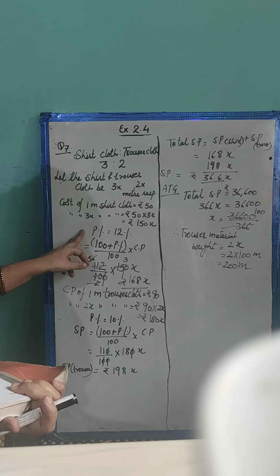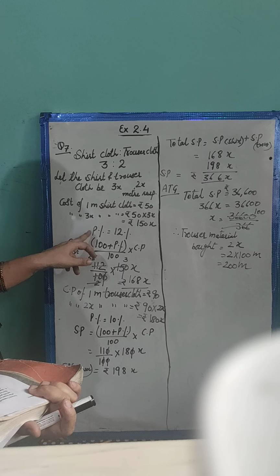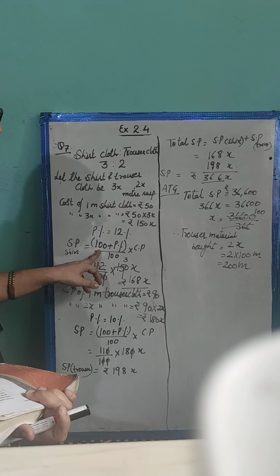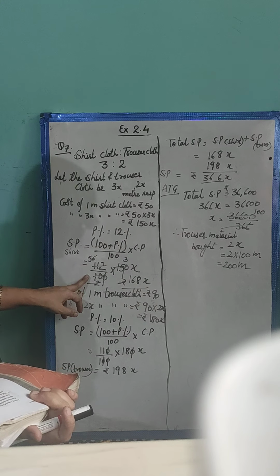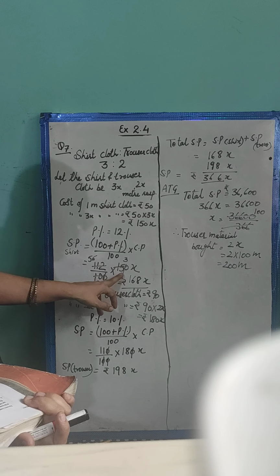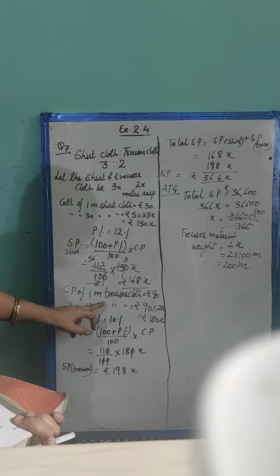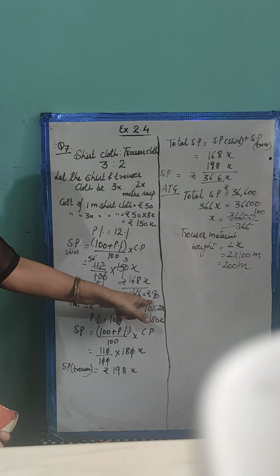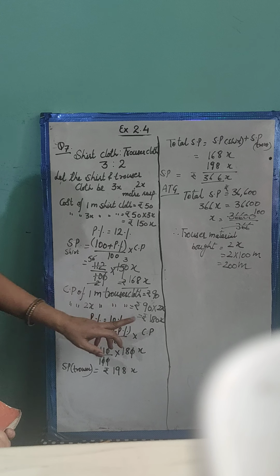Profit percentage 12%. So how to get SP? SP is equal to (100 plus profit percent) upon 100 into CP. So 112 upon 100 into 150x. After cancelling we get 168x. Similarly for trouser cloth, because 1 meter had the cost 90 rupees, 2x meter will have 180x.